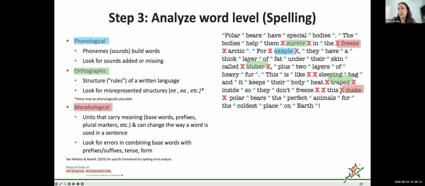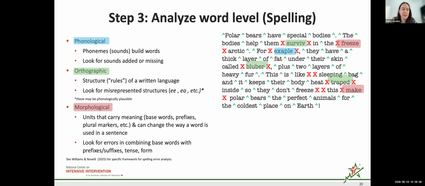And then in this version down here, this example, it keeps their body heat trapped inside so they don't freeze. This makes polar bear the perfect animals for the coldest place on Earth. So this is an example of where there's sort of that non-agreement between subject and verb. This should say this makes, and the student wrote this make.